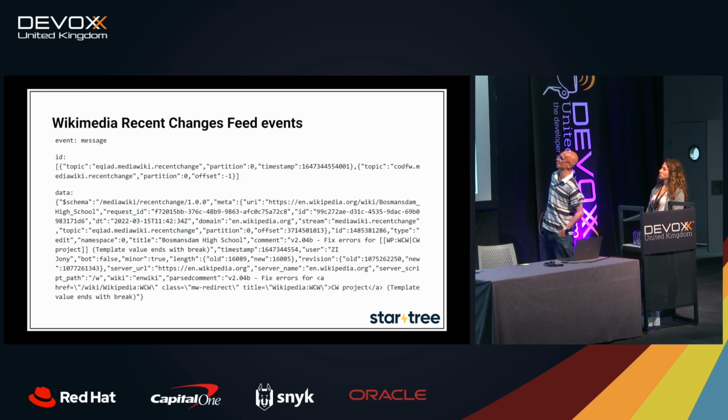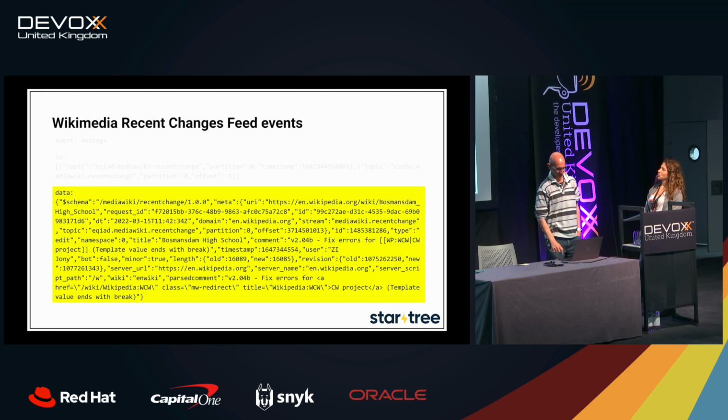This is an example of what you get. If you open the URL that we have, I'll show you in a minute, you just get loads and loads of events that look like this. They all have an event, which tells you it's a message. You have an ID, and then the bit that we're interested in is this data down here. For our purposes, this is just a nested piece of JSON. Some of the things may be recognizable.